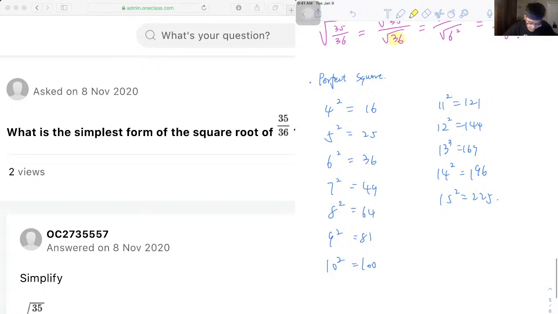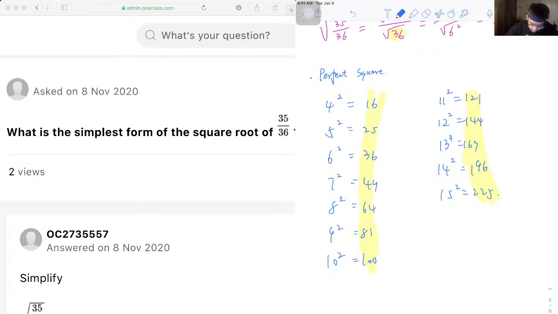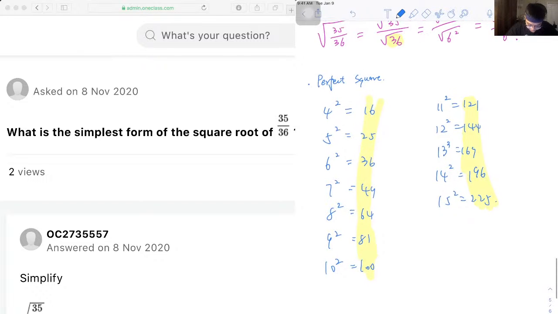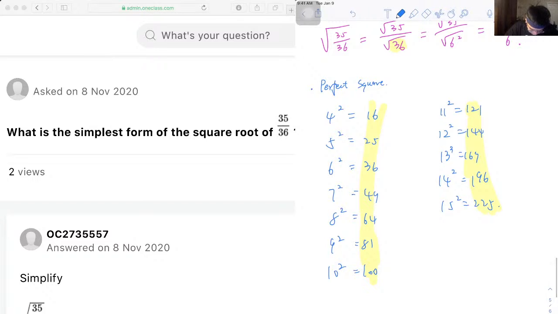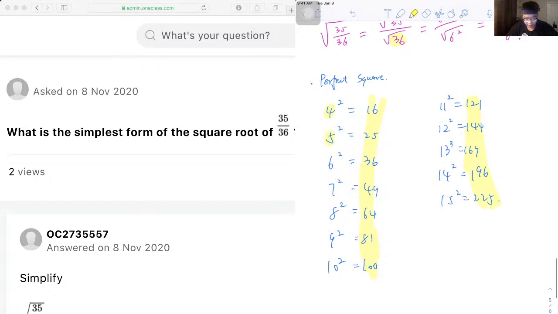So whenever you come across numbers on the right hand side of the equal sign, they can always be taken out from the square root and be written as the numbers on the left hand side, but without the exponent.